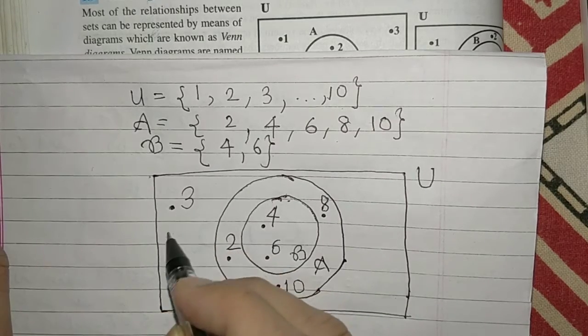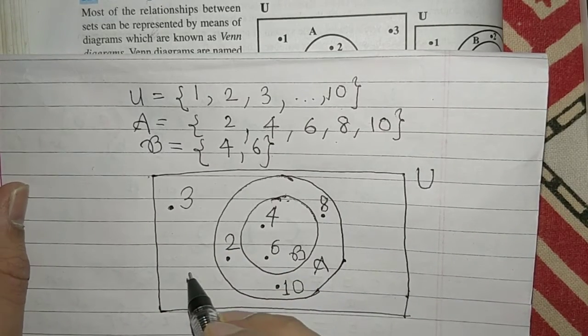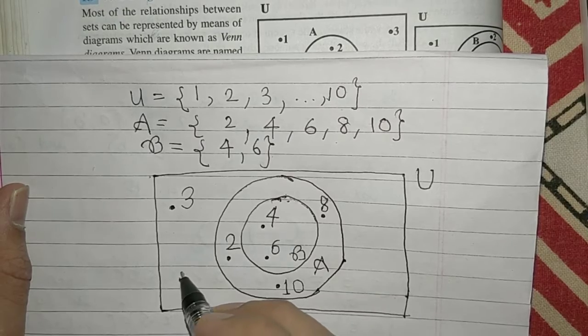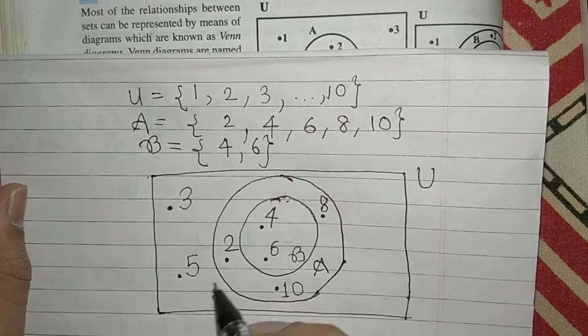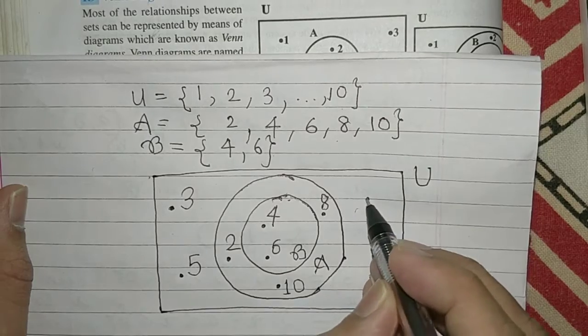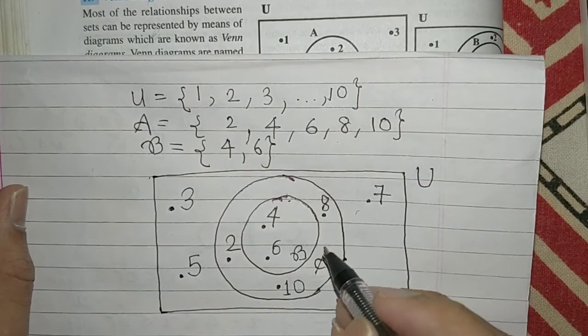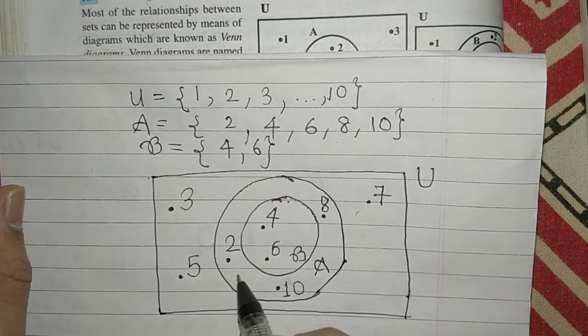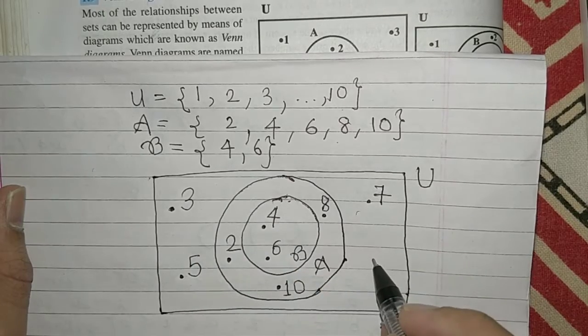Then you have the element 5. Then the element 7. So 1 is also there.